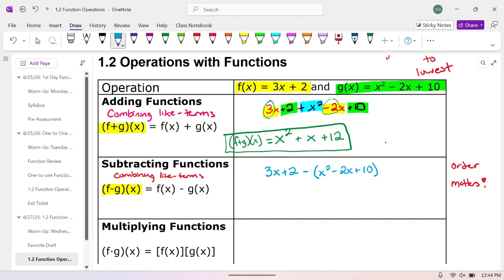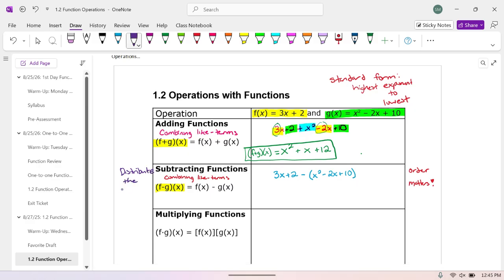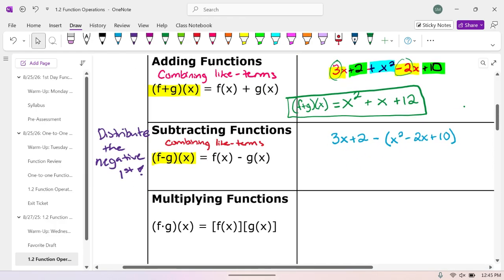So the reason I put that whole function in parentheses is because it reminds us to distribute the negative to all the terms in g of x. Otherwise, the subtraction won't work. So you have to distribute the negative first. Before you can even touch combining like terms, you've got to distribute that negative.